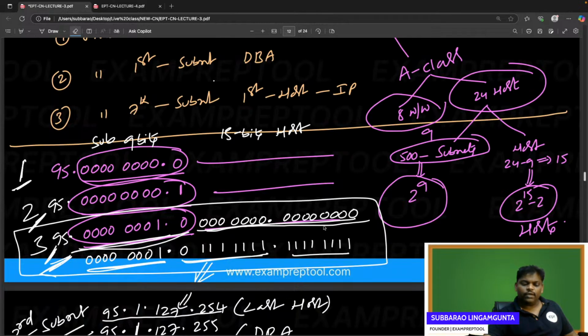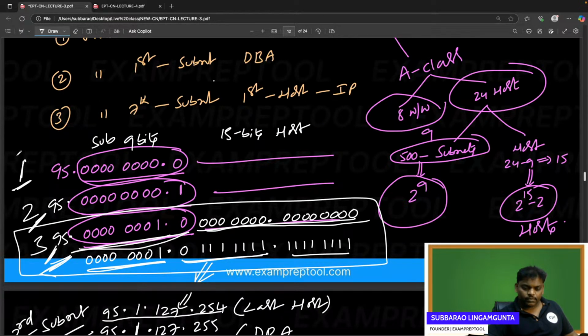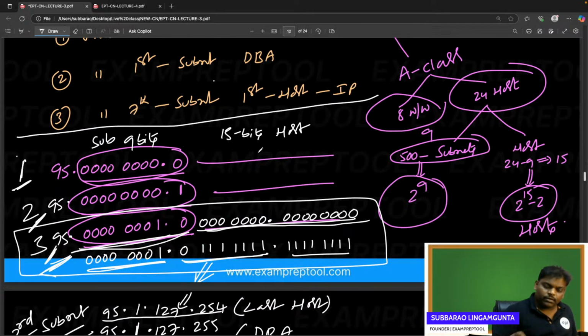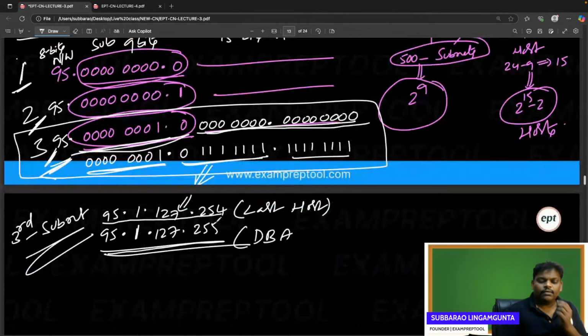Let me write this. 8 bits for network. Subnet purpose 9 bits. 15 bits for host. That's it, I think I wrote everything clearly. So subnet 1, subnet 2, subnet 3. Physically, first subnet, second subnet, third subnet.